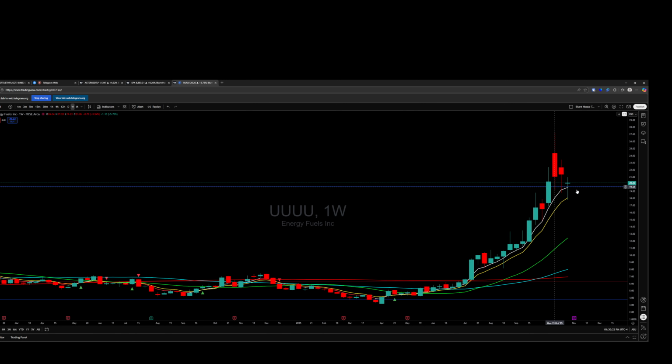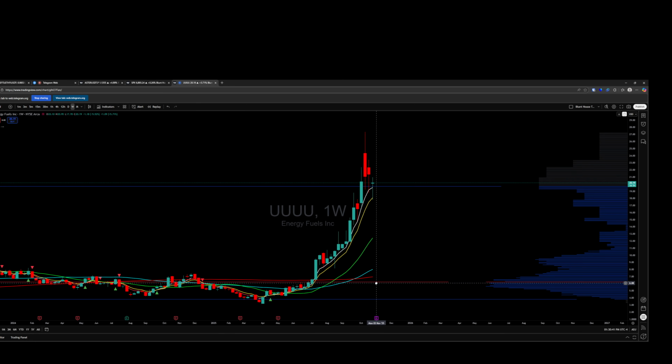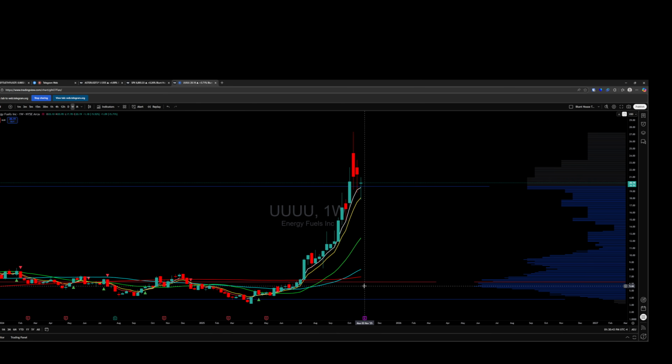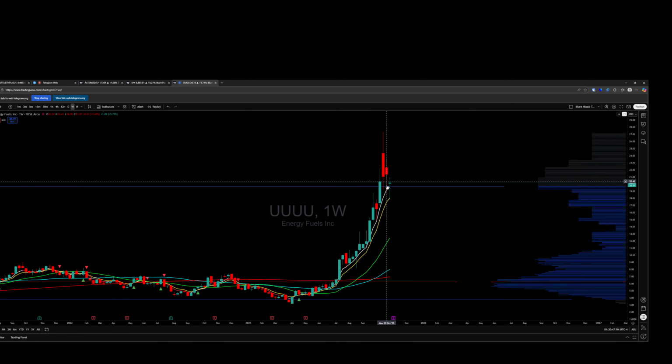Even this doji on this thing wicked the T line and shot up. So that said, that's still a bullish chart, right? These could just be red candles in a further uptrend. Do you want price to fall into this gap?